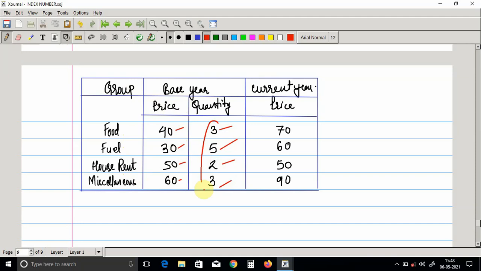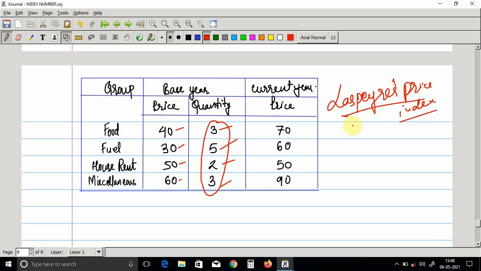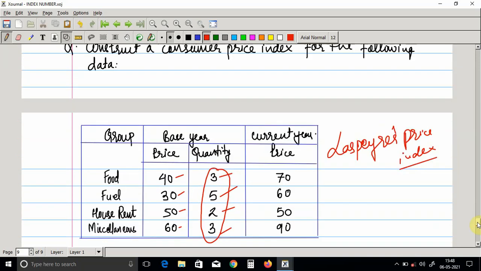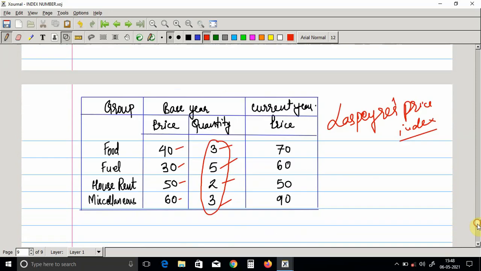You can see that the quantity given over here is only for the base year, not for the current year. So which index number are we calculating here? That is nothing but Laspeyres price index. So the same calculations we already did in Laspeyres price index, but this time I am going to represent this as a cost of living index number.